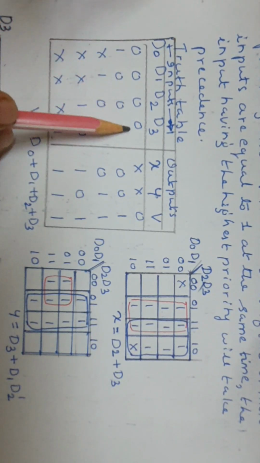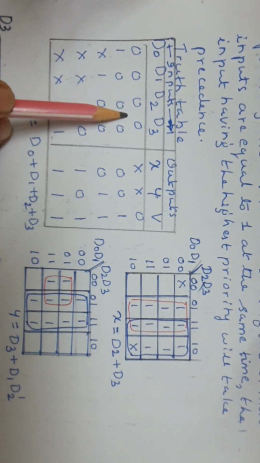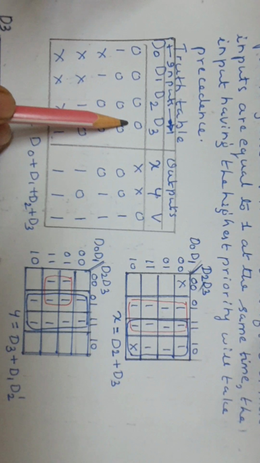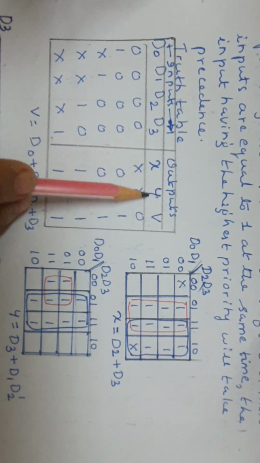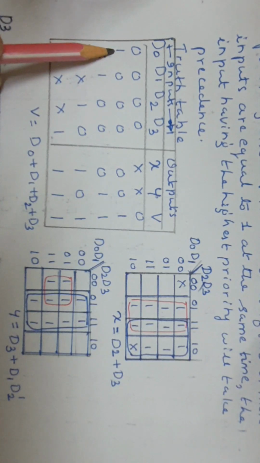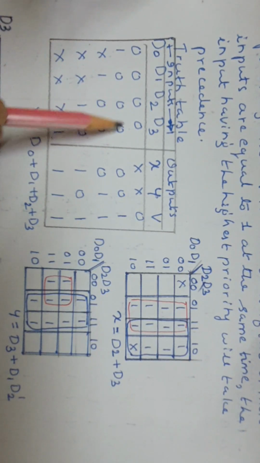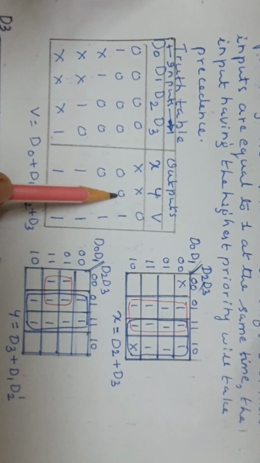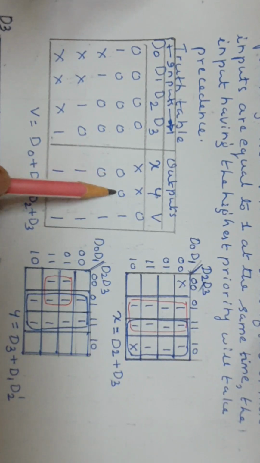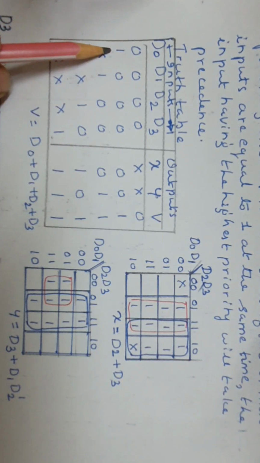Here when all the inputs are 0, which is not allowed because any one has to be 1, the valid bit is 0, indicating that whatever be the bits on the XY output, they are not valid. That is a don't care condition. When D0 is 1 and all other input bits D1, D2, D3 are 0, the valid bit 1 shows that X and Y are both 0, 0, indicating D0 is active.